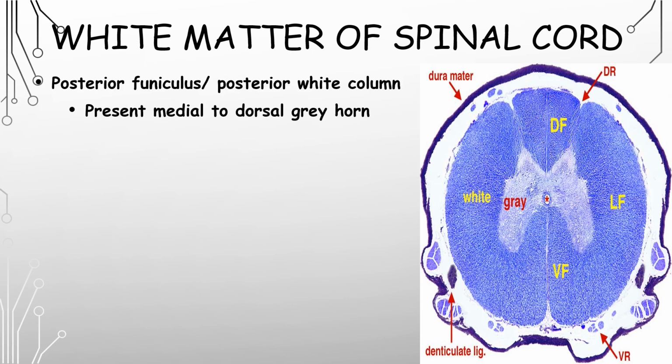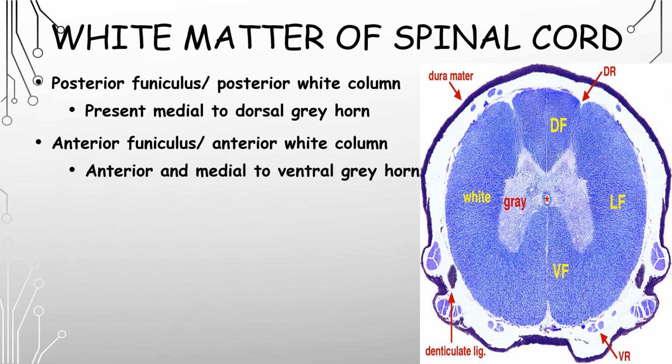The posterior funiculus, or posterior white column, is formed by the white matter present medial to the dorsal gray horn. The anterior funiculus, or anterior white column, refers to the white matter present anterior and medial to the ventral gray horn.